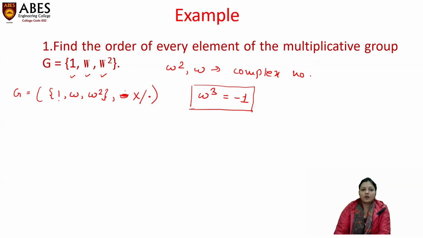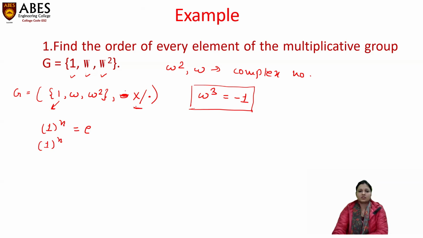The definition of order of an element says that if we are going to find the order of 1 or of any element in a set, we have to raise that element to the power n so that we will get the identity element. And here, as the operation given is multiplication, we know that for multiplication the identity element is always 1.